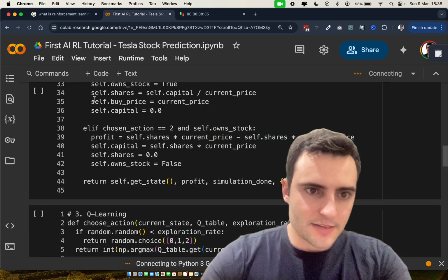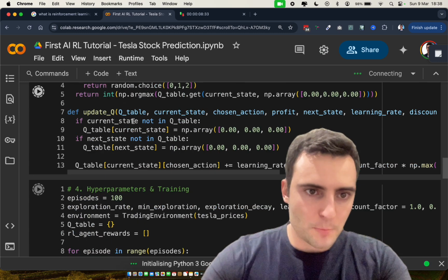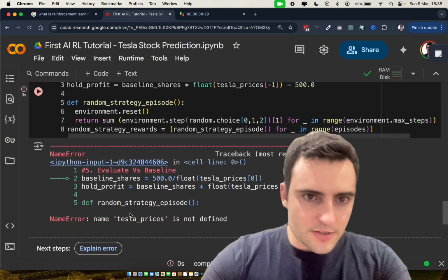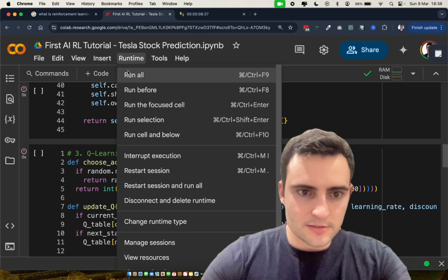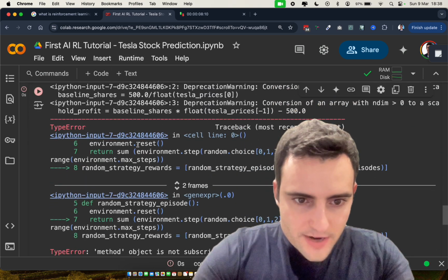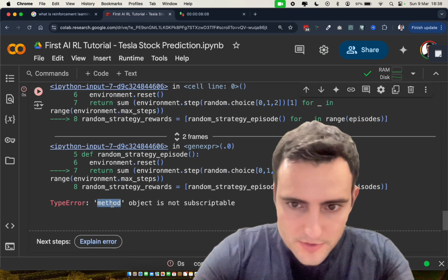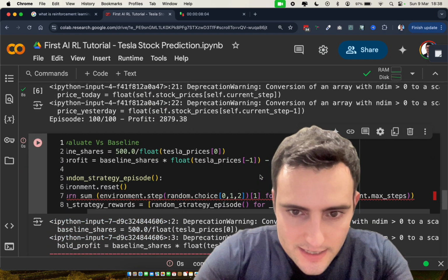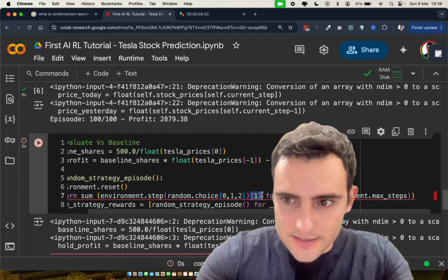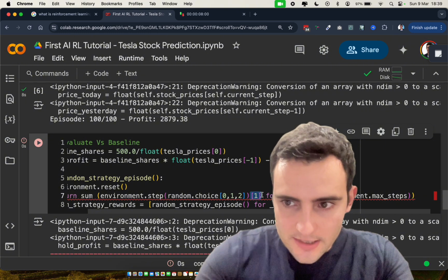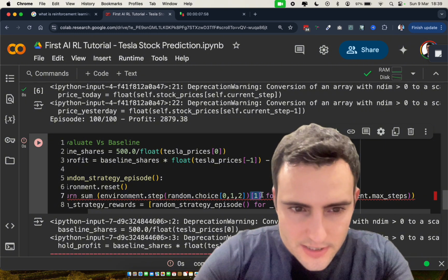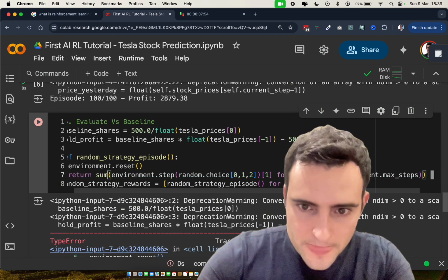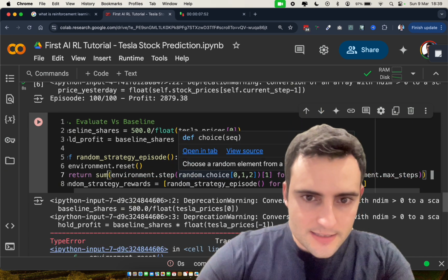And if we run this, it should be able to run, but I might actually have to run everything again. So I'm just going to click run all, and it should run pretty much everything. It says Tesla prices is not defined, but if I do run all, here it says the random strategy method object is not subscriptable. So I think I might have written this down slightly incorrect. Let me double check. I think I should have put another bracket out, but oh, here if I click sum, I think that's it.